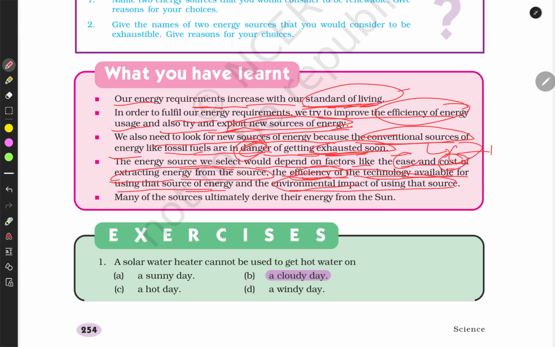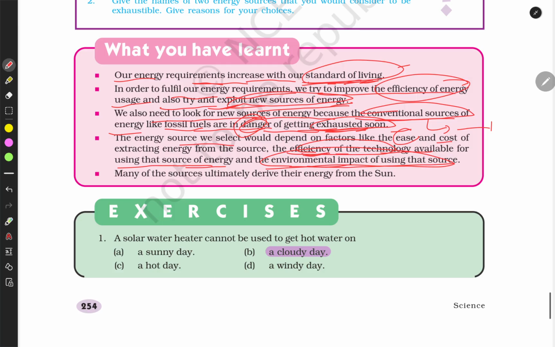We have to see how costly it is and how efficient the technology developed to extract that energy is, and that there should be minimum environmental impact. Based on these criteria, we select our energy sources.